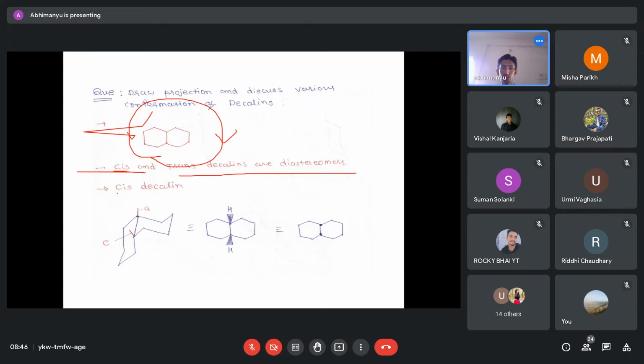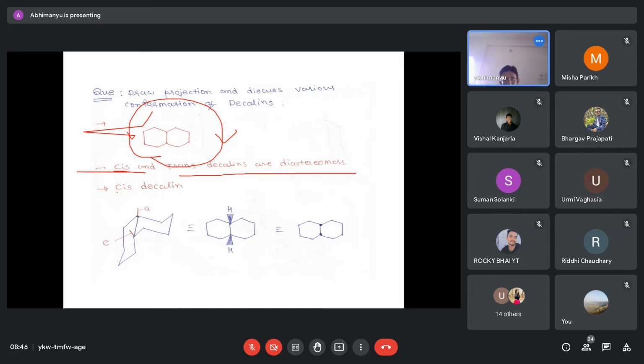Okay. Why? What is the meaning of diastereomer? Stereoisomers which are not mirror images are known as diastereomers. So they should be stereoisomers, but not mirror images. And if they are mirror images, what then? In the case of mirror images there are two possibilities.